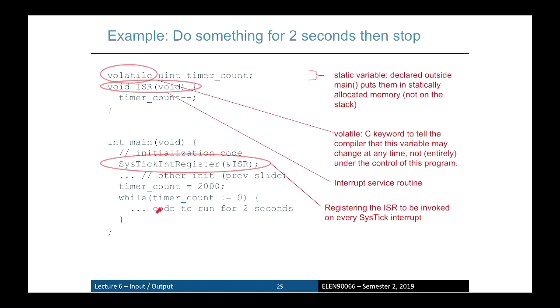So while this piece of code in here is doing something, every 1 millisecond the timer is generating an interrupt, it's branching to this, it's decrementing a variable, a volatile variable, I'll explain that in a minute, decrementing the variable outside of this function, right? It's playing around with it in the background. But you are checking it here in order to check when it hits 0. Okay, so that's the idea. You've got a little interrupt that's ticking this down in the background, and then once this hits 0, this loop breaks. So you would assume that your code would run for 2 seconds here.